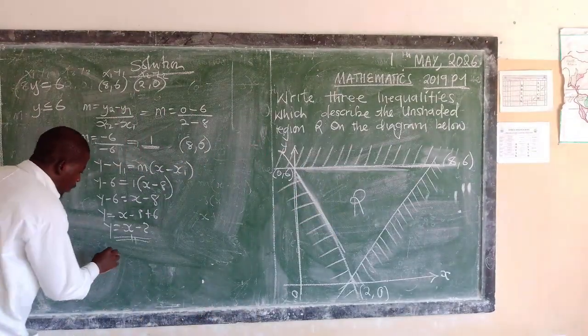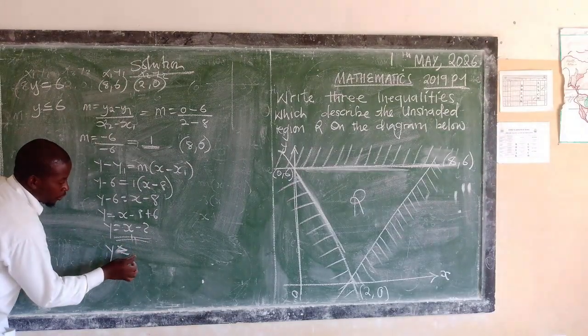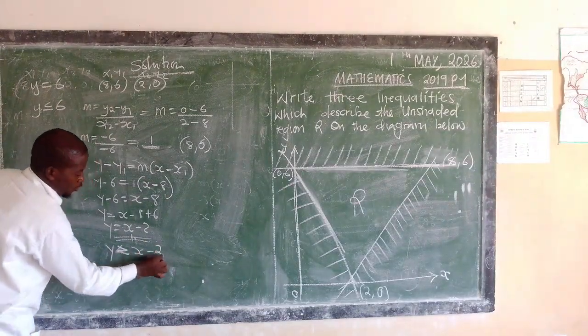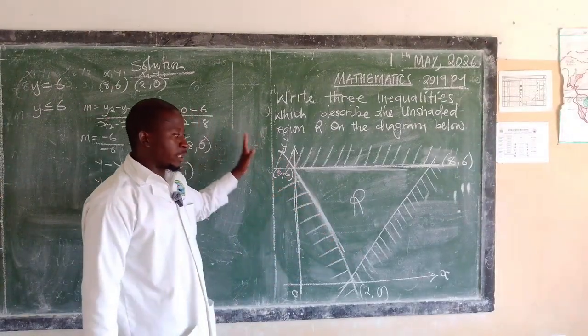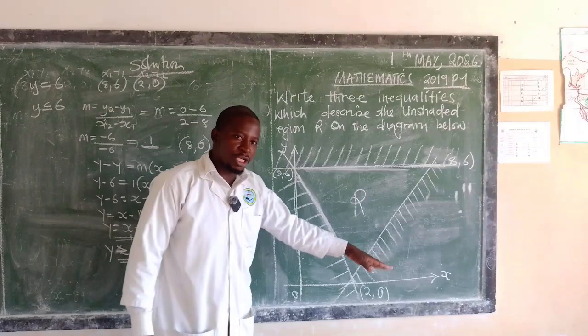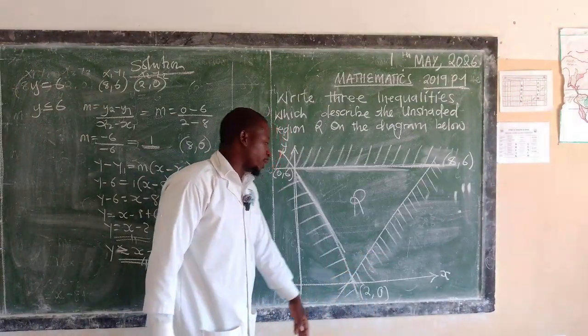So we say y is actually greater than or equal to x minus 2. Meaning this region, y is greater than.